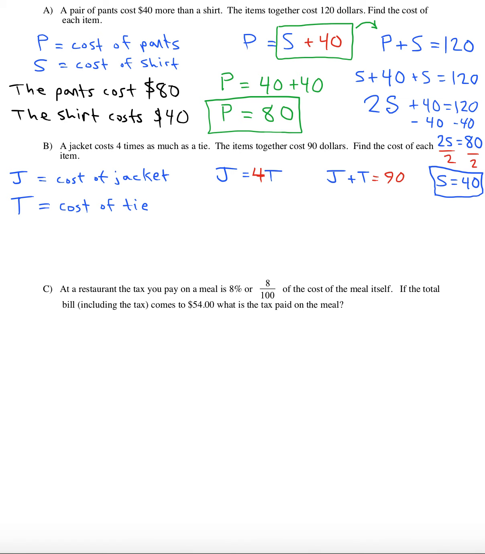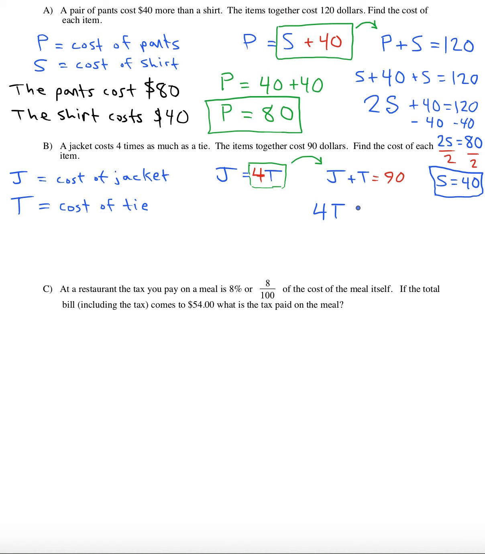Now let's use substitution to solve the system. We want to take the 4t, since we have J alone, J is isolated here, we want to replace J in the other equation with 4t. So take the J out, put a 4t in its place.